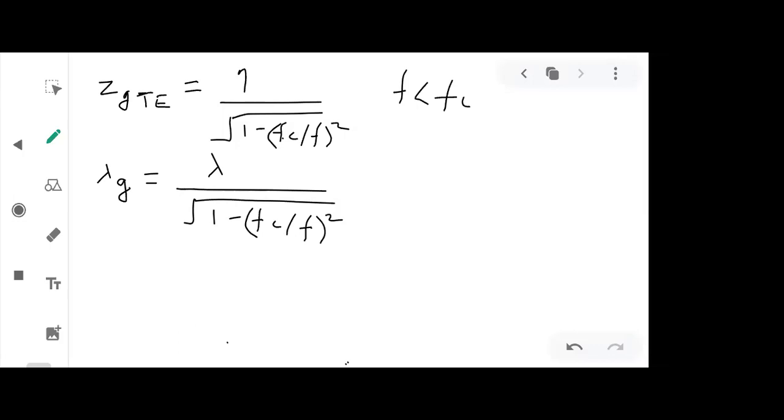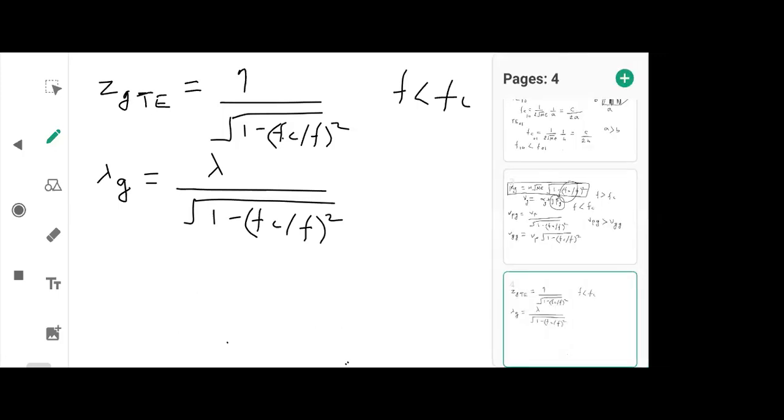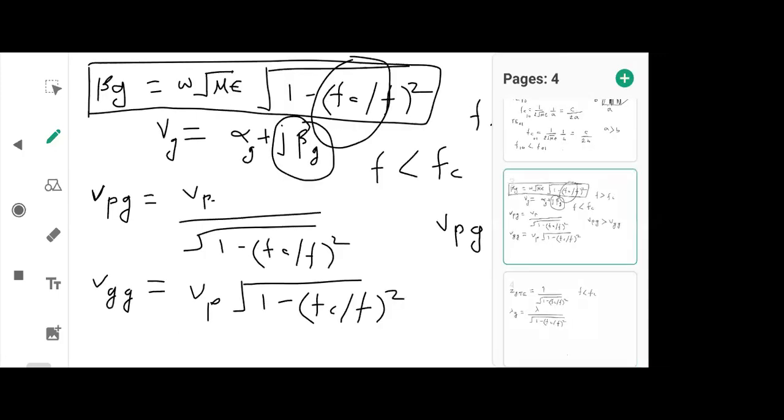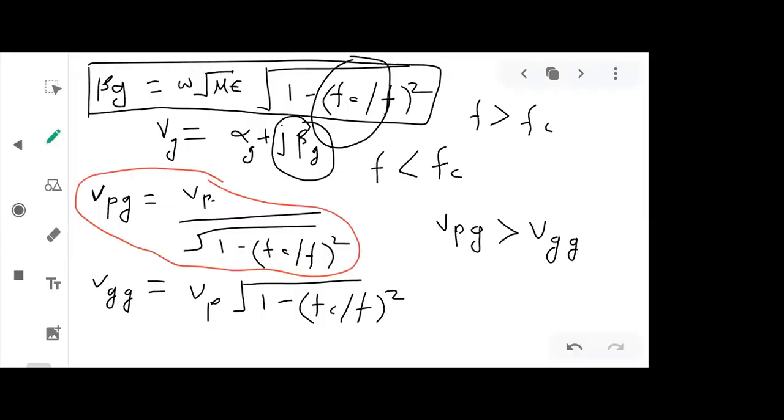Hello. Sir, can you please go back to the formula of phase velocity of a waveguide? This is the formula for the phase velocity inside waveguide.